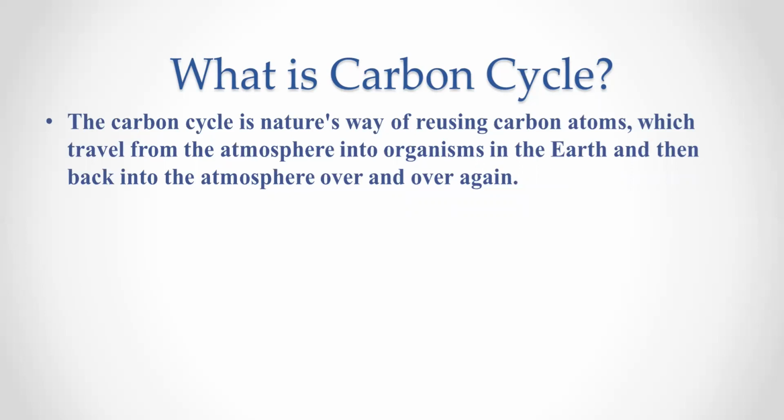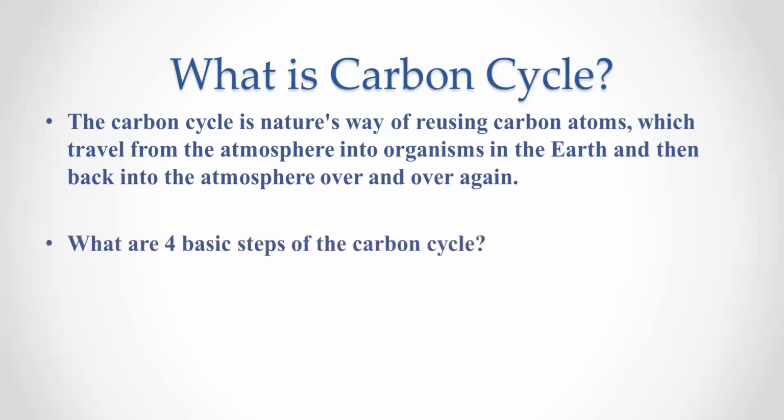So which things are these organisms? These organisms are plants, animals, insects, like human beings, everything. Everything is made up of carbon, organic compounds. And organic compounds are made up of carbon, and the carbon is given to these organisms by carbon dioxide.